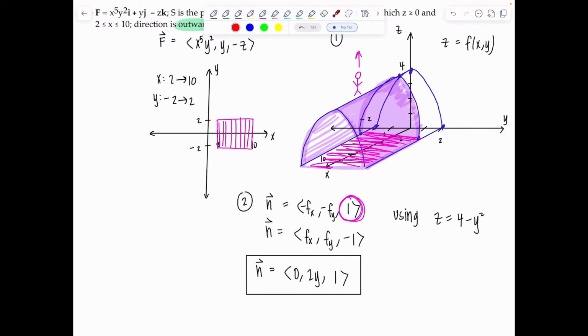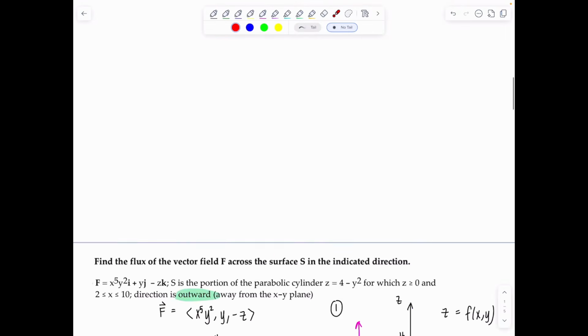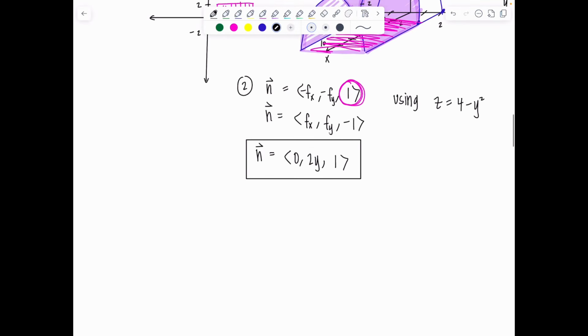Okay, good. Now that we have n, we're going to follow step 3, which is f dot n, and we're only going to use the variables that are in the xy plane, so only x's and y's. So for step 3, we take f dotted with n. Now where was f?